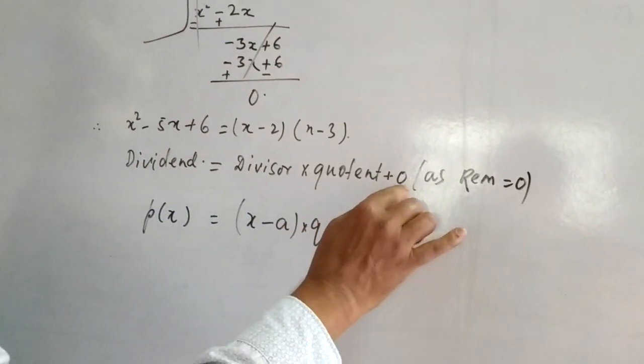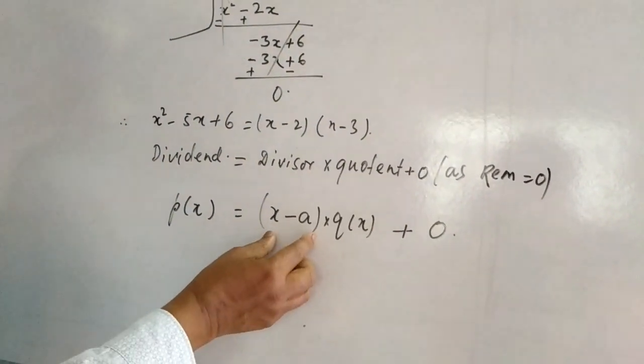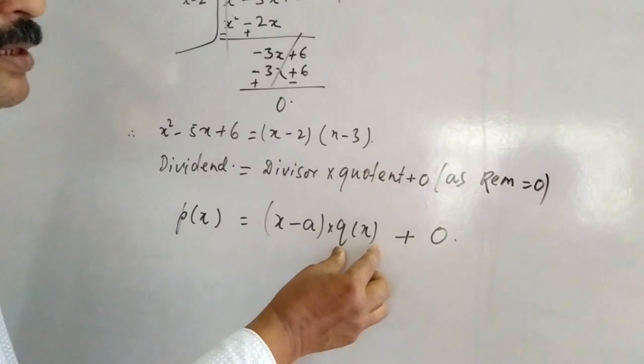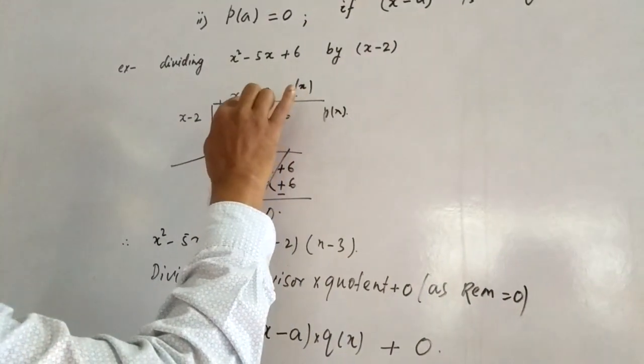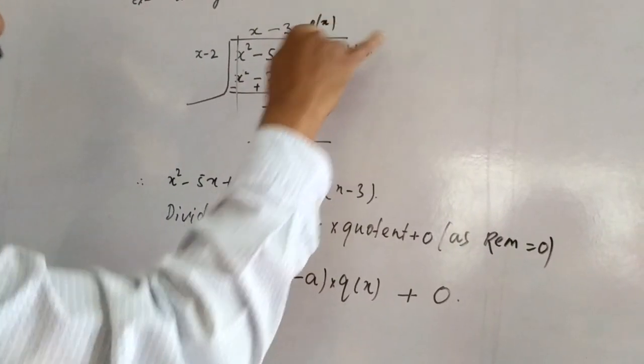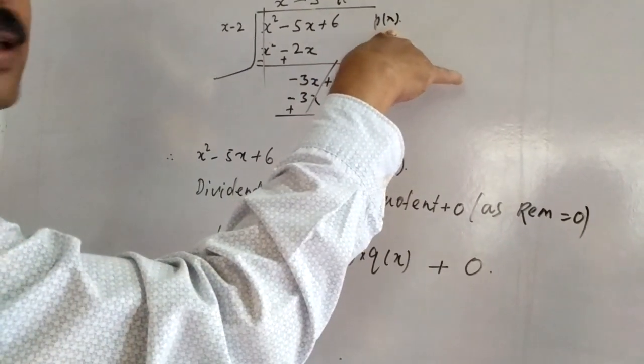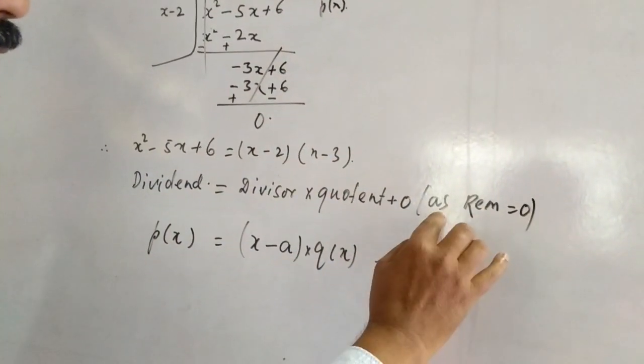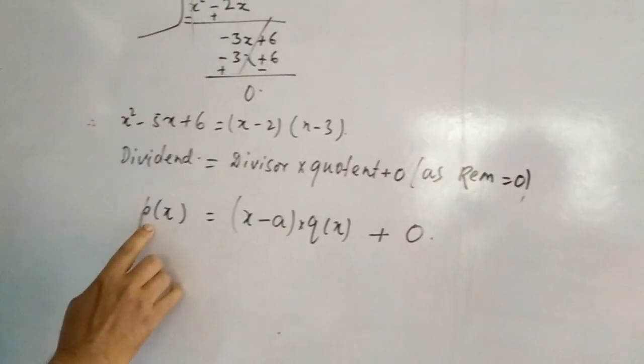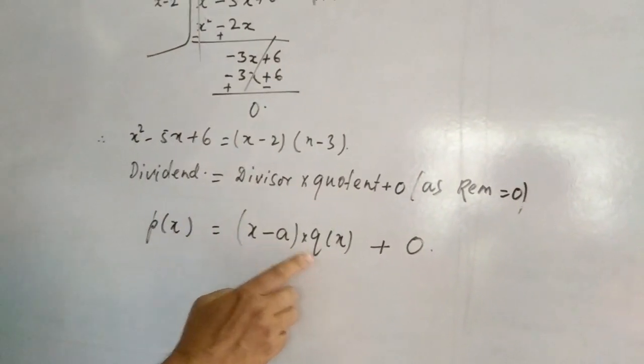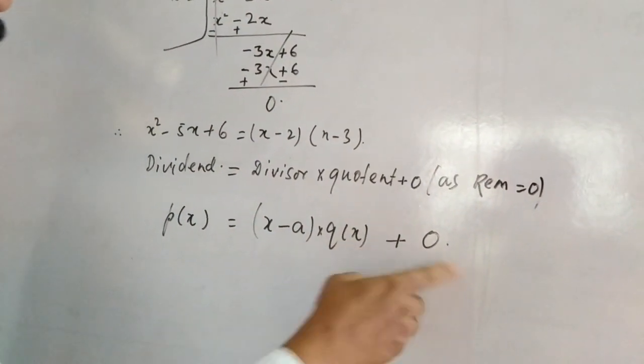In this formula, we have put 0; x minus a is our divisor, q(x) is our quotient, x minus 3 has been taken as q(x), and this one has been taken as p(x), as remainder is 0. Then we can write p(x) equals x minus a into q(x) plus 0.